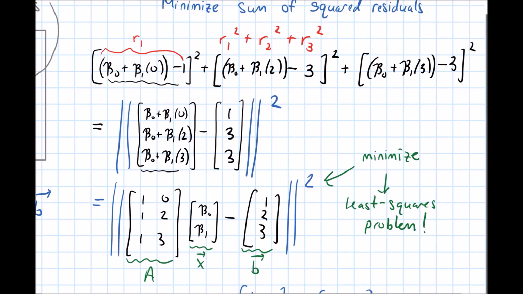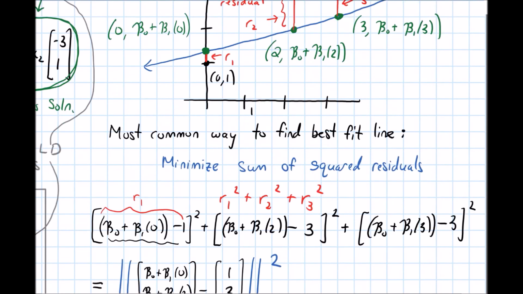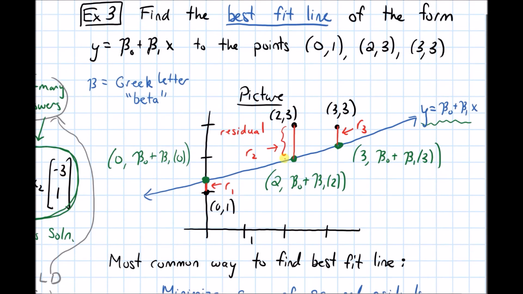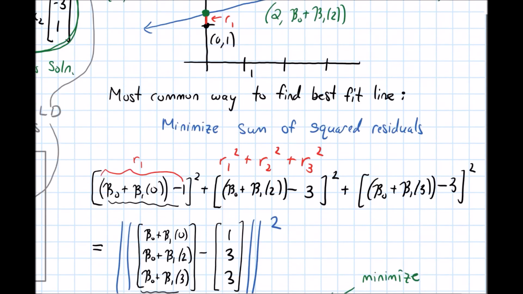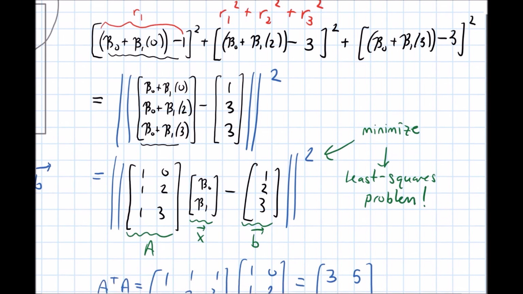That's pretty cool, I think. We've converted this geometric problem of finding the line of best fit to a matrix problem, where we try to find a least squares solution.